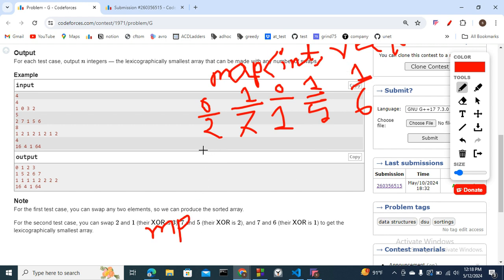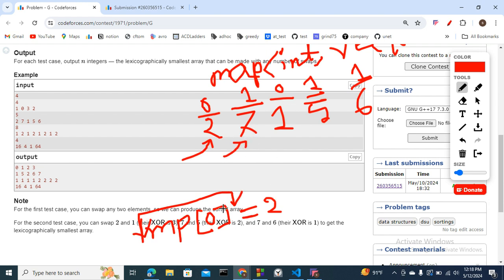So for group 0, we store in key 0 the value 2 in the vector.